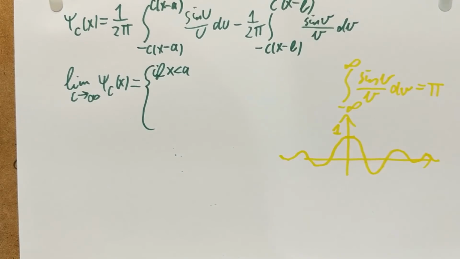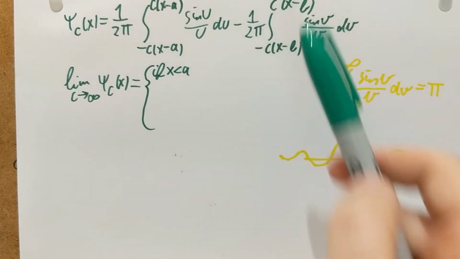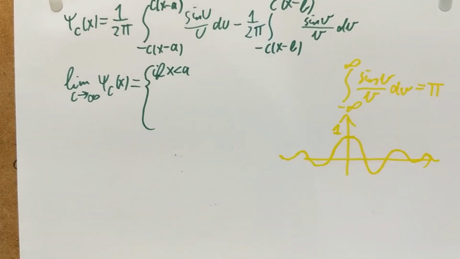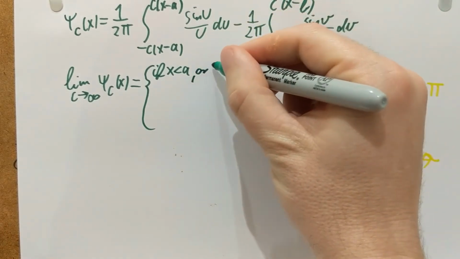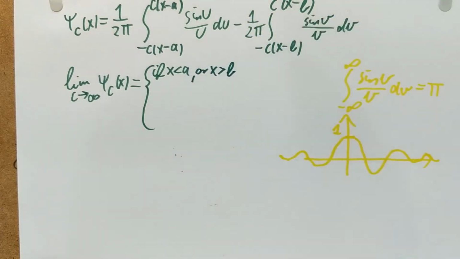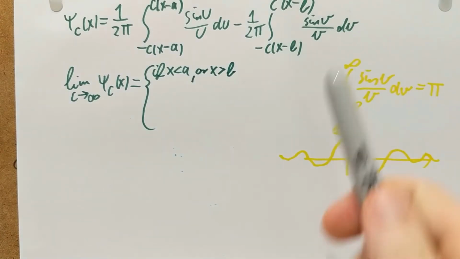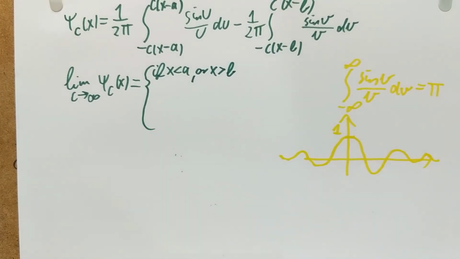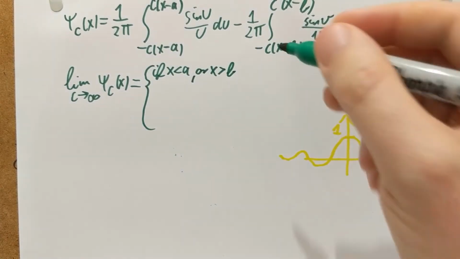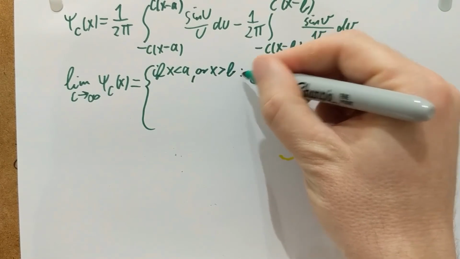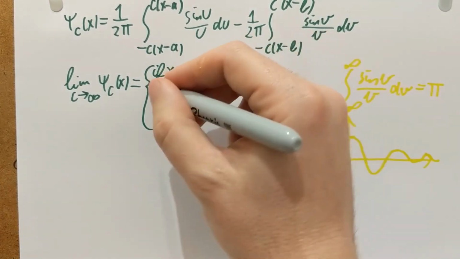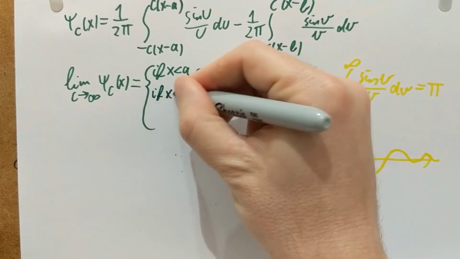This function is beautifully integrable, and I get a big 0. One value, which is pi, minus another pi, that's a 0. When x is larger than b, the same thing happens. Namely, I have from minus infinity to infinity, and also minus infinity to infinity, my integral, and then the whole thing is 0.